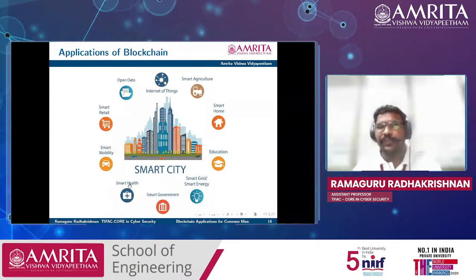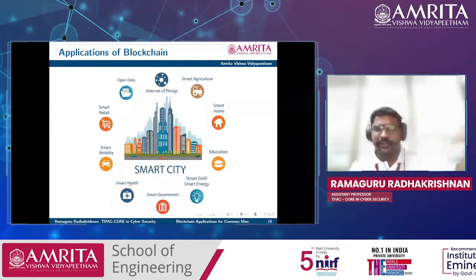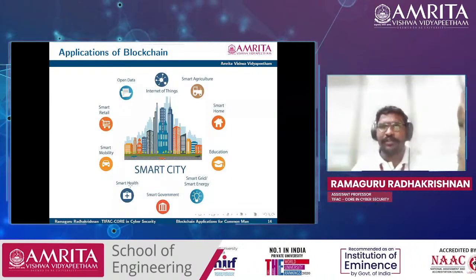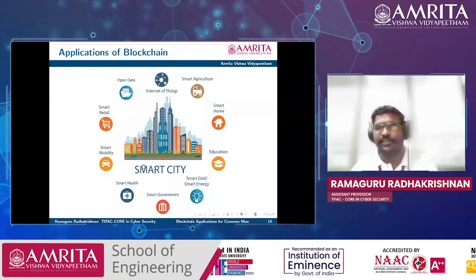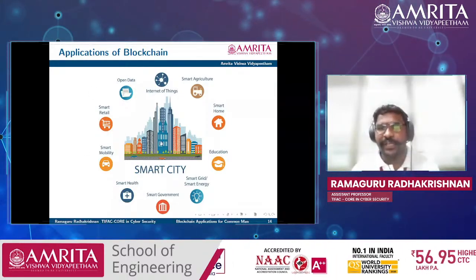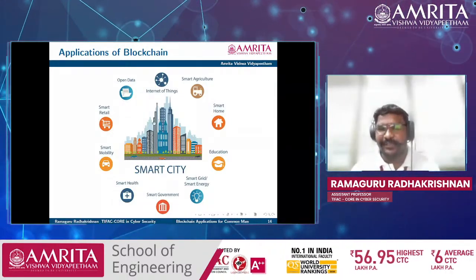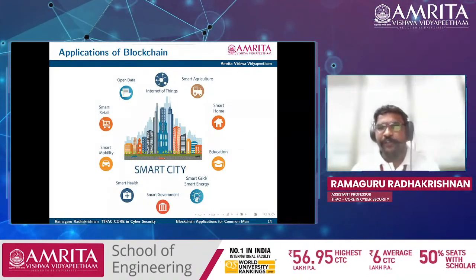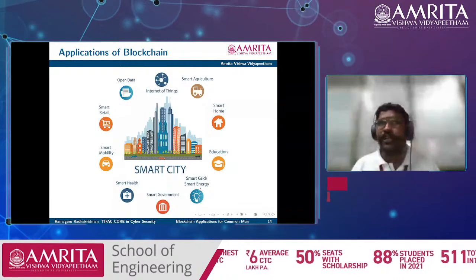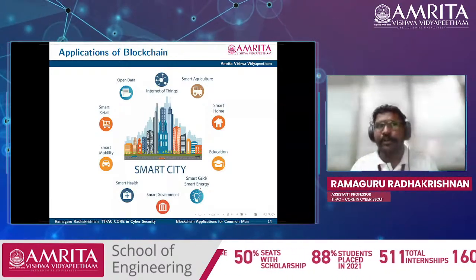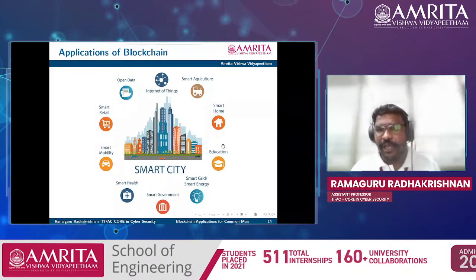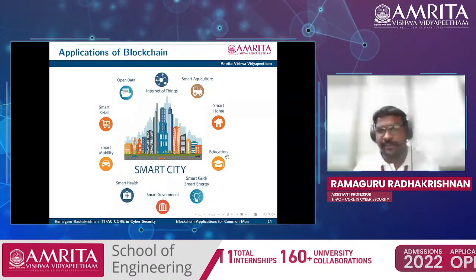Smart health, again, as we discussed, is another series of stakeholders comprising doctors, pharmacy, all such things, right? So there is already a large multi-party stakeholder set which is creating this smart city. So here we need a lot of trust, which is not there. So blockchain could be one possible way in which that trust could be achieved among all these parties.